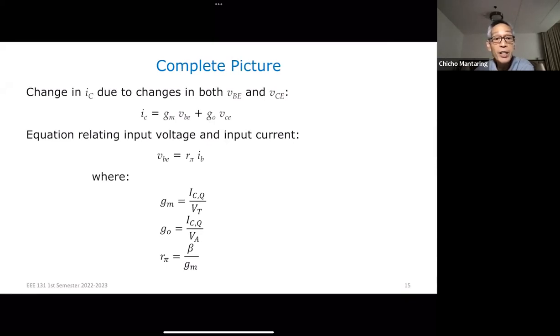That is the total change in your collector current. And then the equation relating the input voltage and the input current will be VBE is equal to R pi times IB.